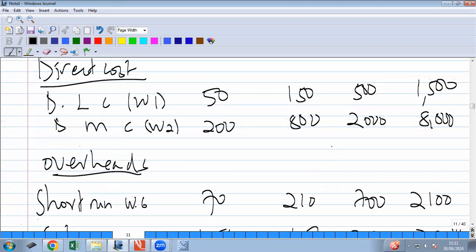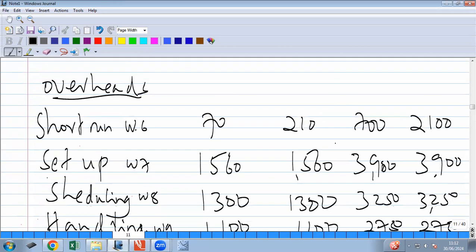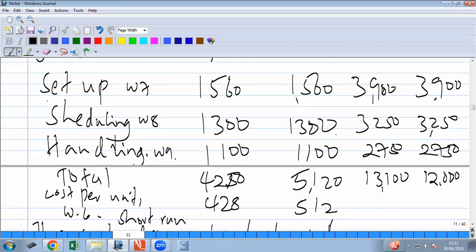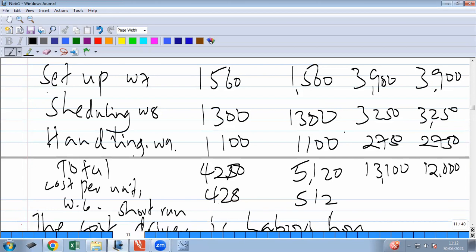You add from 50, 200, 70, 1560, 1300, 1100. What's that total? Correct? Then the rest are also okay. It's only these that are changing, the 12,000.